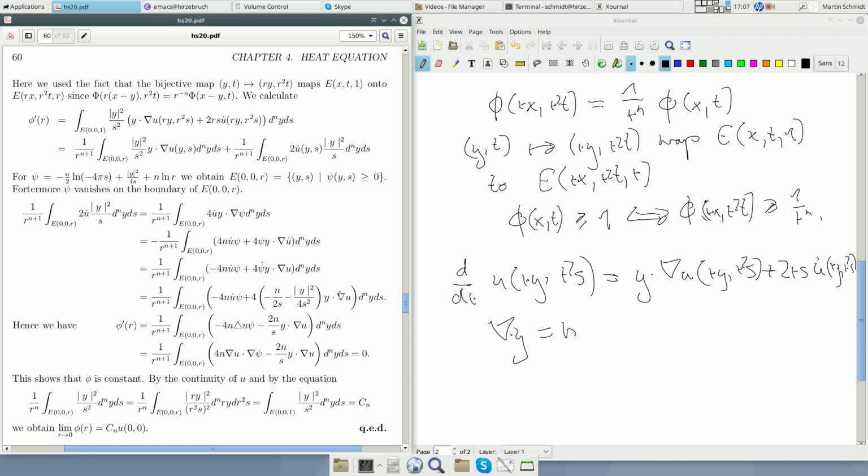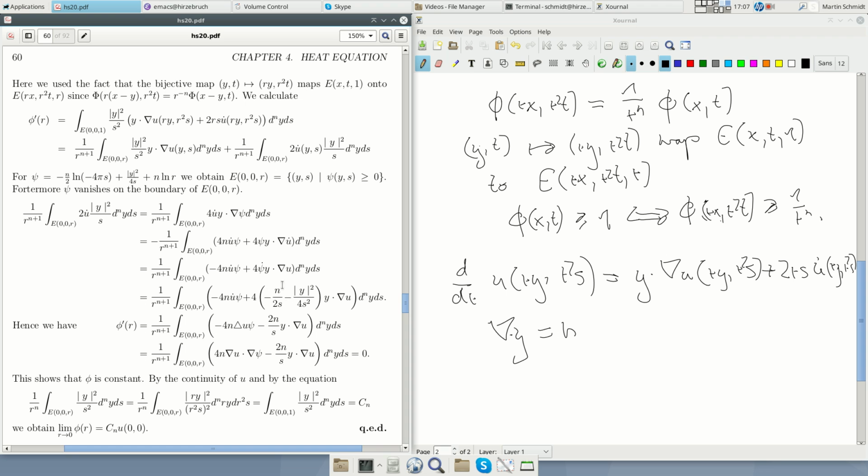This we keep, and altogether we get this expression. So we just inserted psi dot. Now we insert this whole term again here, and then we have the nice thing that this 4 with this 4 cancels.